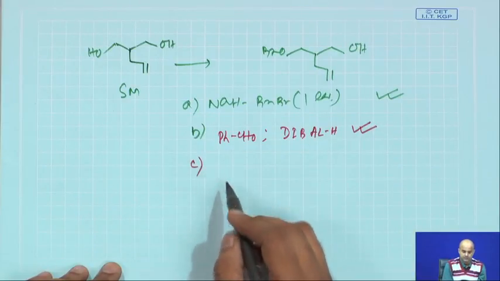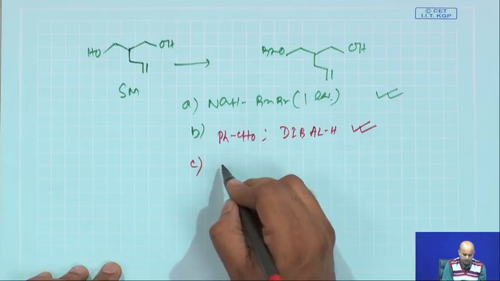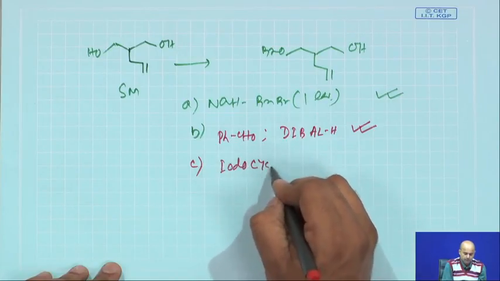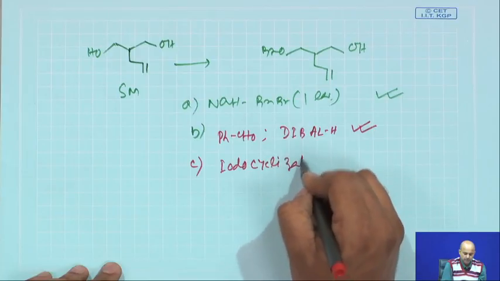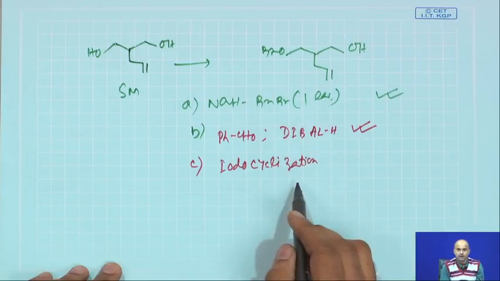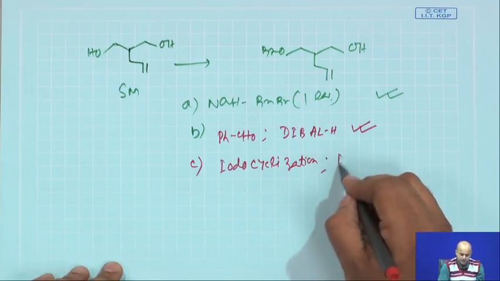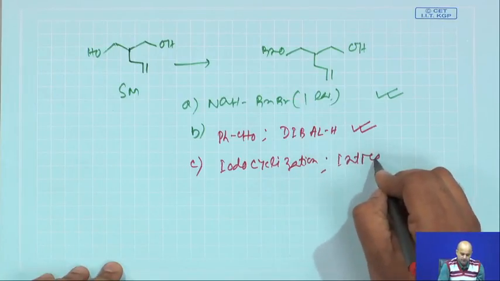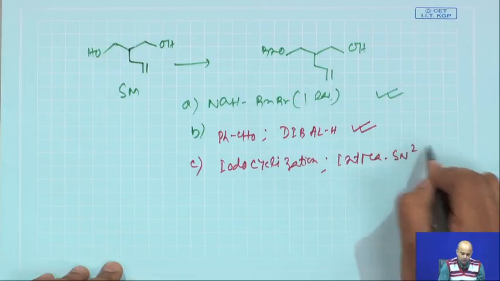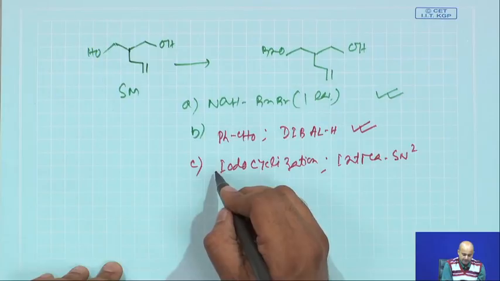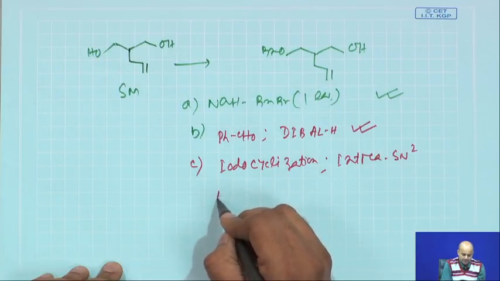The next one which I just now did, the transformation which requires an iodocyclization, basically making an iodonium ion, then an intramolecular SN2 reaction with one of these alcohol groups, then we did a benzyl protection.